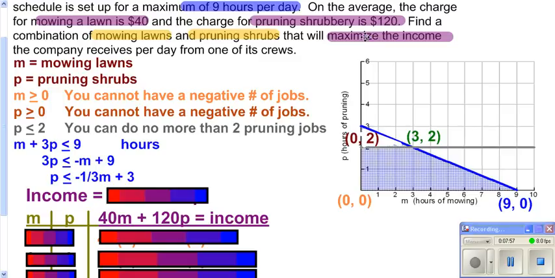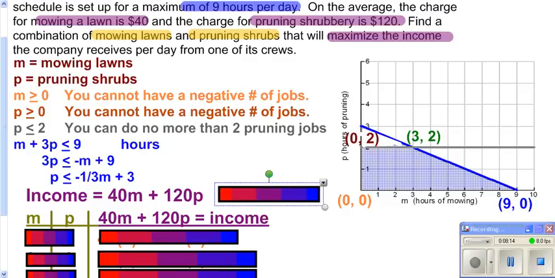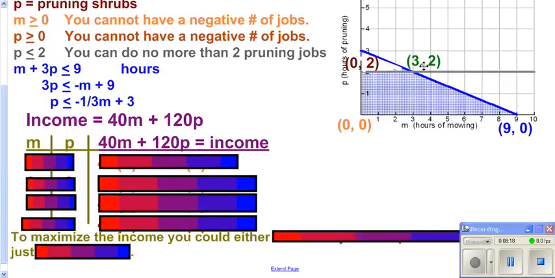To maximize our income, we get $40 for each lawn mowed. So for each lawn mowed, you have to multiply that by 40, plus it's 120 for each pruning job. So all we want to do then is take our corner points and plug them into our function right here.